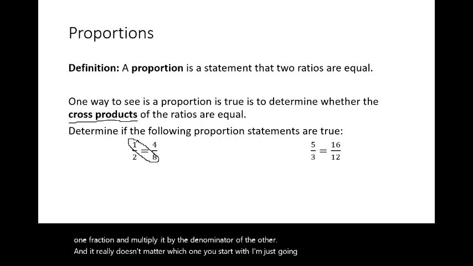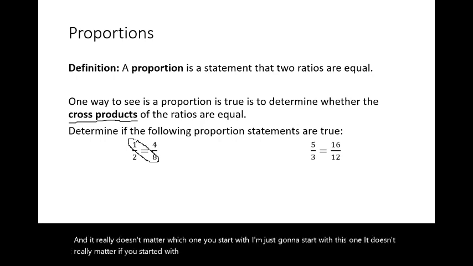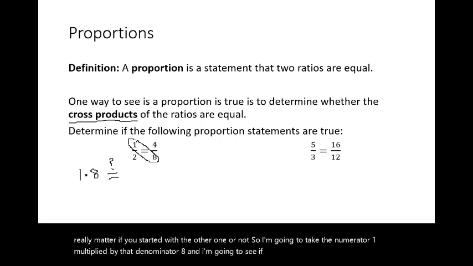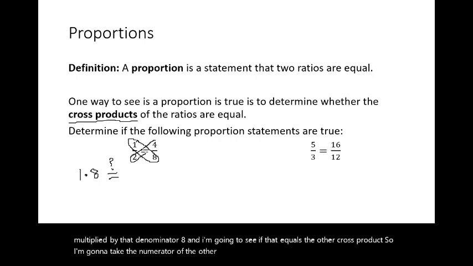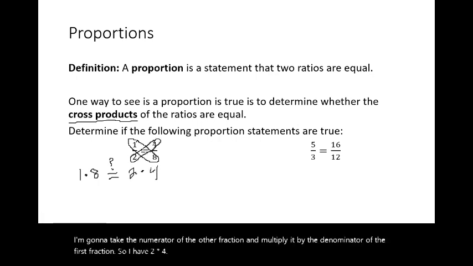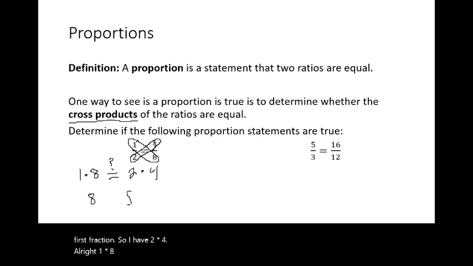So I'm going to take the numerator 1, multiply it by that denominator 8, and see if that equals the other cross product. So I'm going to take the numerator of the other fraction and multiply it by the denominator of the first fraction. So I have 2 times 4. All right, 1 times 8 is 8. 2 times 4 is 8. 8 does indeed equal 8, so this proportion is true.